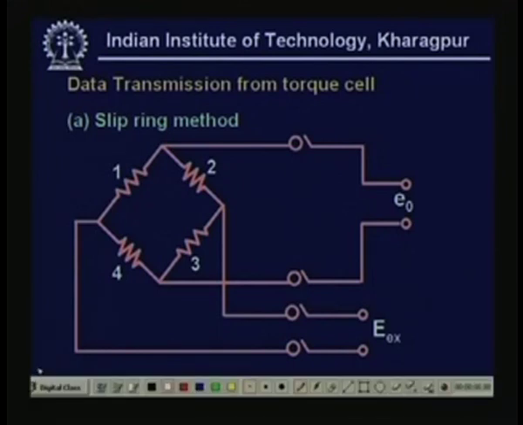You can use another slip ring also like this one. So, this should be in contact, actually it should be like this one, please note. So, this will go like this.